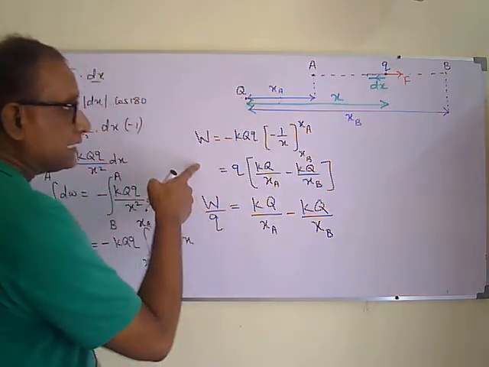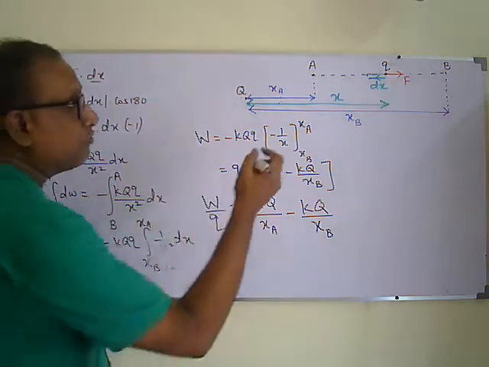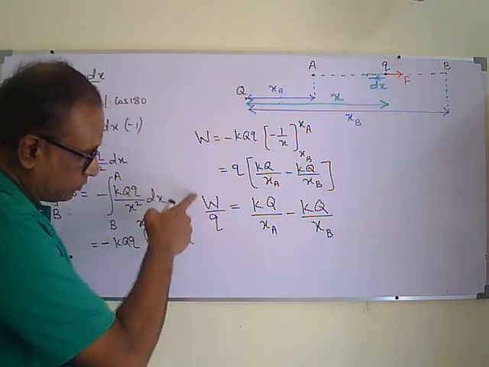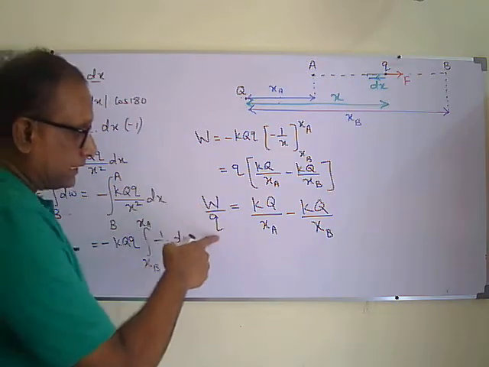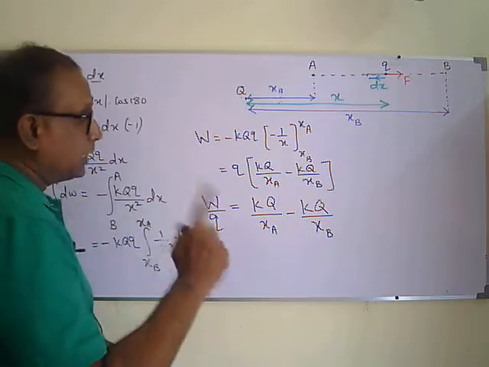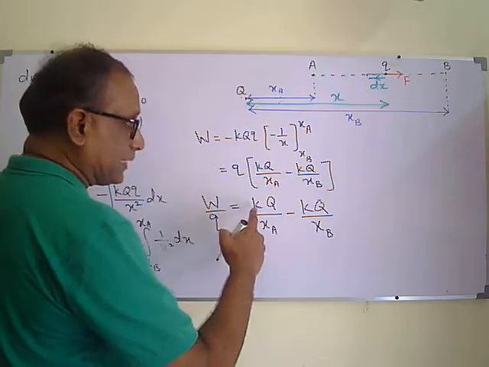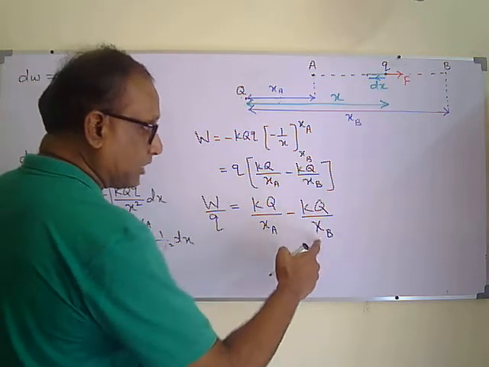That is the work done in moving a charge q from B to A. The work done per coulomb, W over q, when I move 1 coulomb of charge from B to A, is given by kq over xa minus kq over xb.